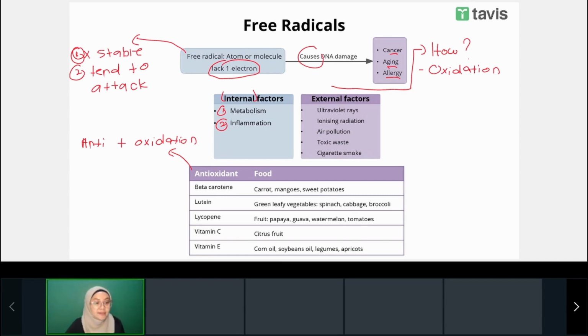So, this chemical structure will stop or reduce the oxidation process in our body.